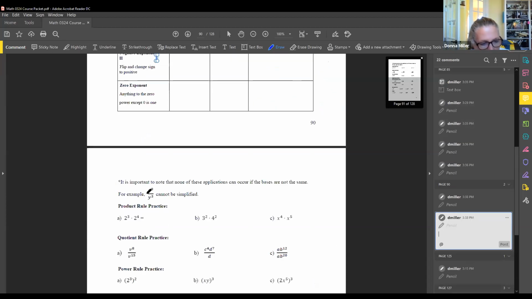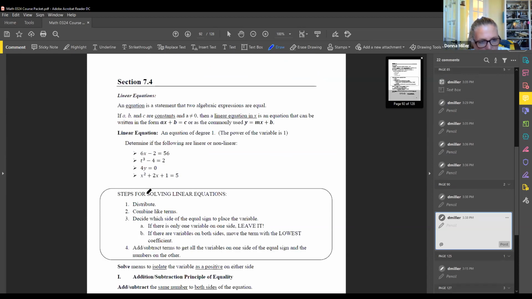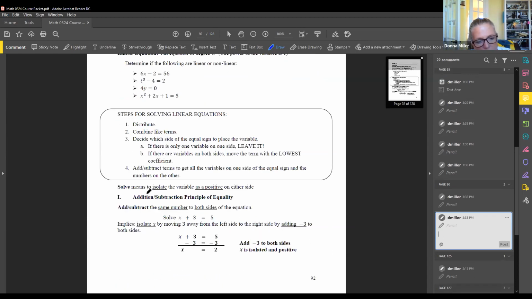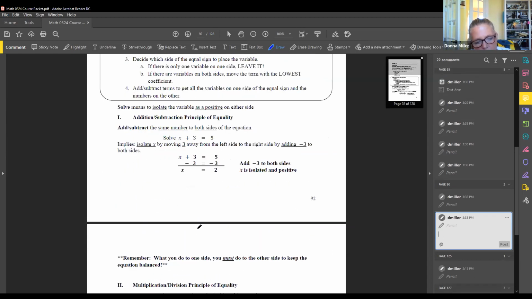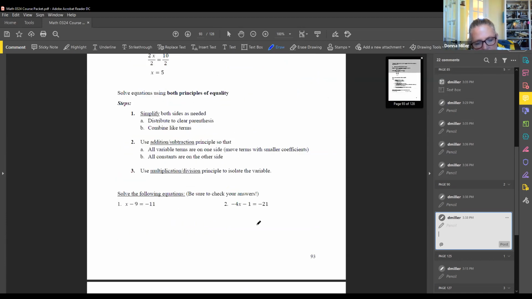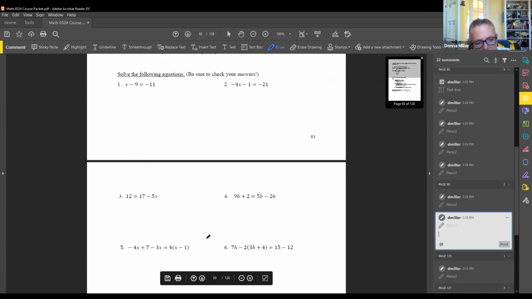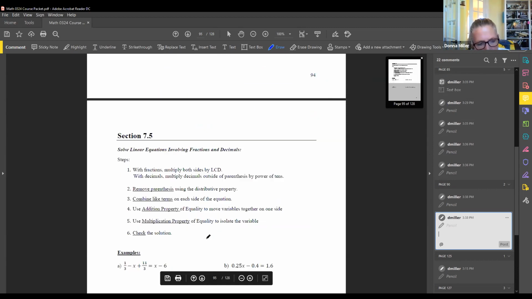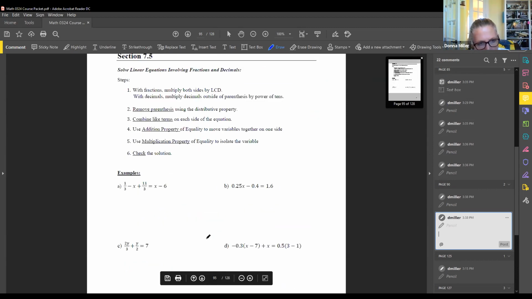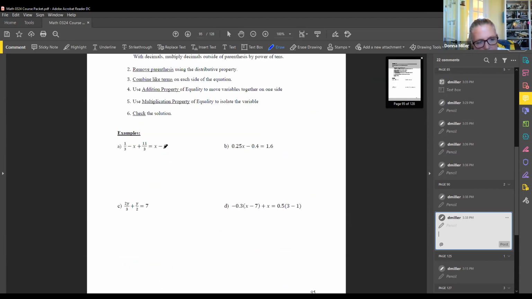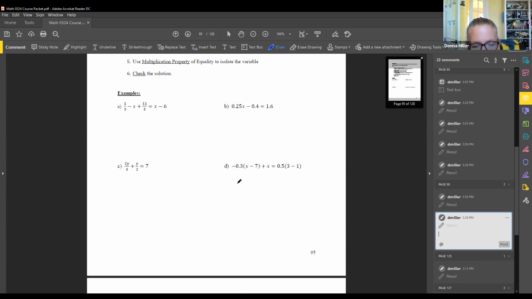All right, so that's some things I saw in the final. You should be able to solve a linear equation, something pretty basic. If you have fractions, remember to multiply by the common denominator. That way you can get rid of the fractions.